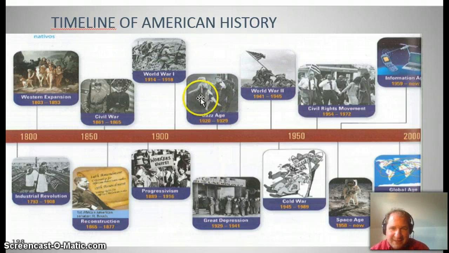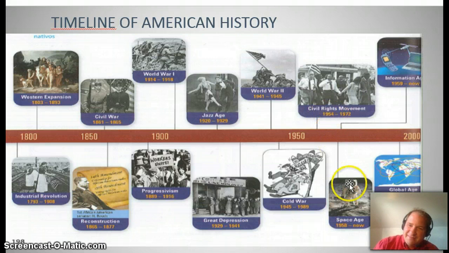Two big things between them, the Jazz Age, everyone was rich, everyone was having fun. Great Depression, everyone was poor, no one had fun. Then after World War II, the Cold War started. This was the United States versus Russia. Then came the Civil Rights Movement, people trying to make their lives better. Kind of ended, unfortunately, in 1972.